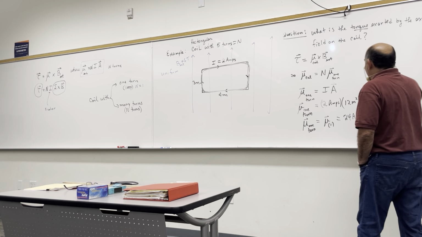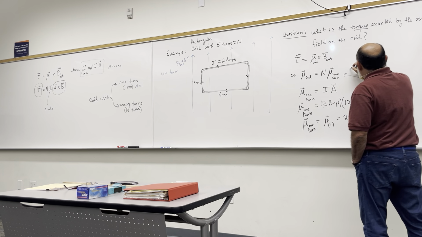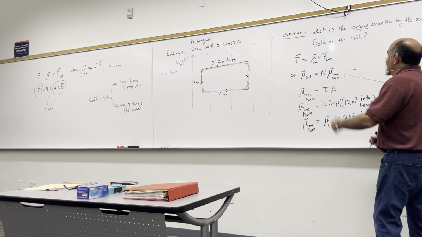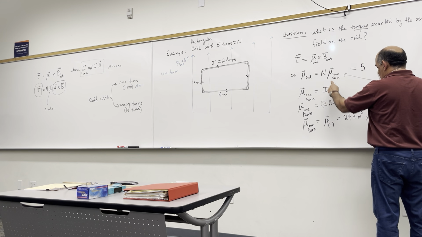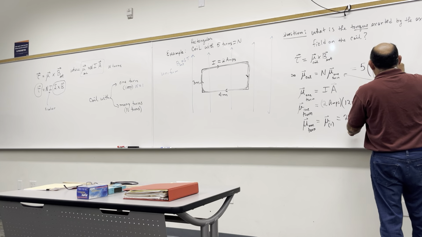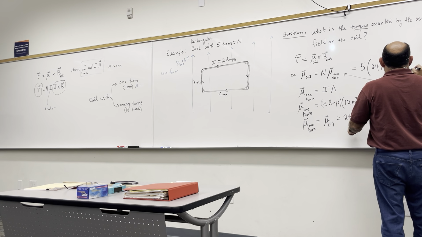So I'm going to take that and put it in here. This is the coil, right? So the magnetic dipole moment of the whole coil is, I have 5 turns, and the magnetic dipole moment of just one of those turns is 24 amps meter squared into the board.